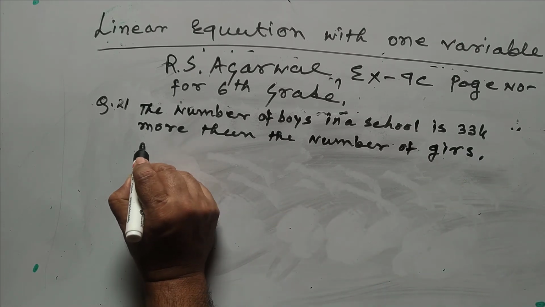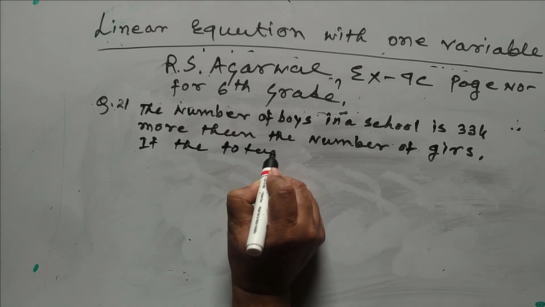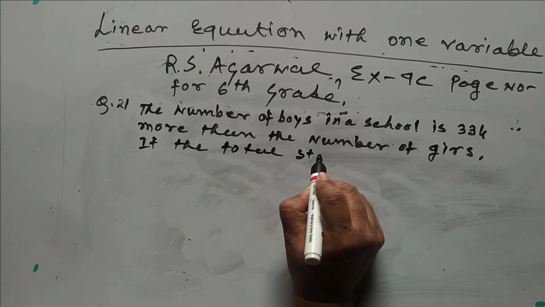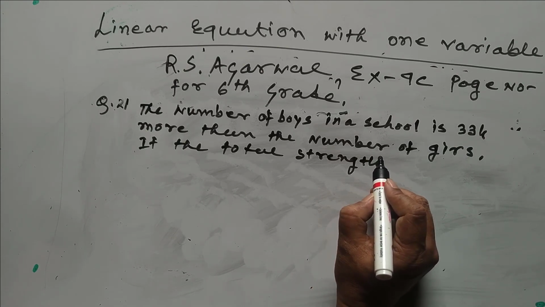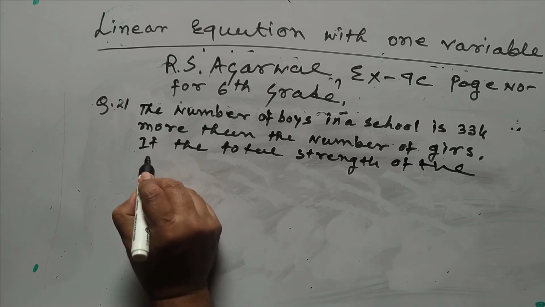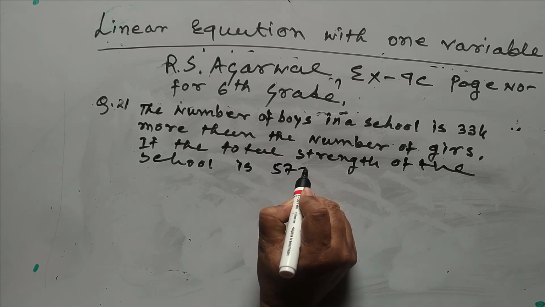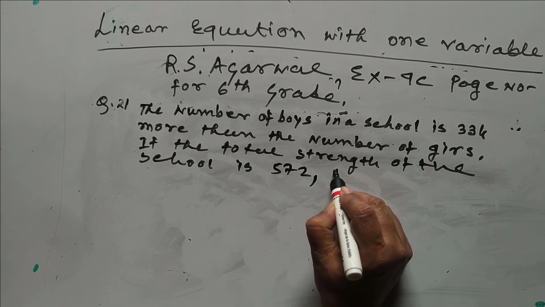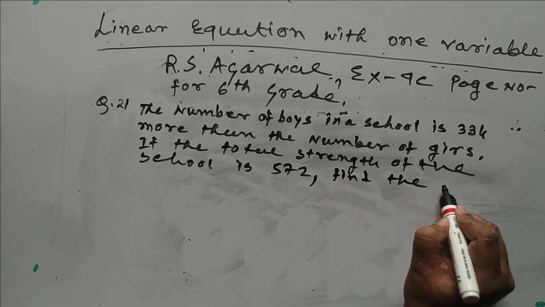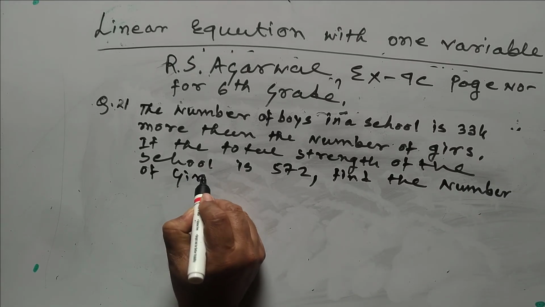If the total strength of the school is 572, find the number of girl students.